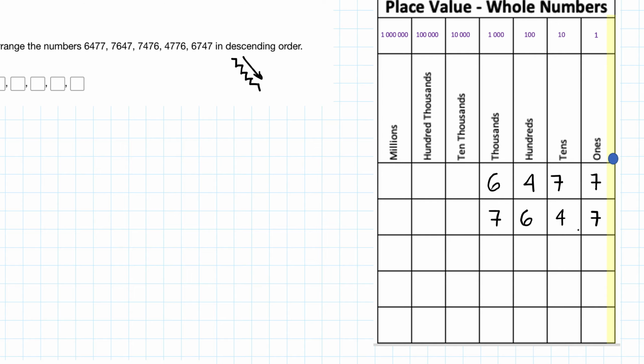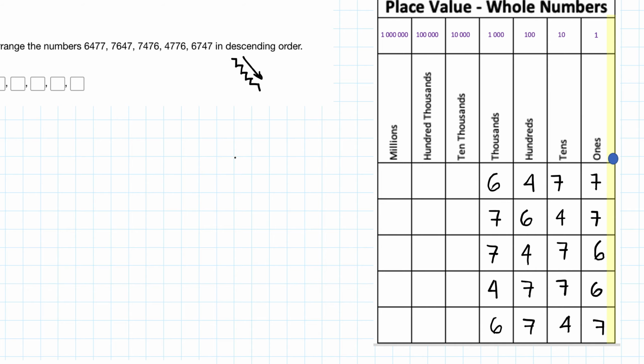And then the next one is 6, 7, 4, 7. And then the next one is 6, 7, 7, 4. And then the next one is 7, 4, 7, 6. So you see, I wrote all these numbers starting by the units, by the ones, and going to the next place value. Wonderful. So in that way, I know that I haven't made any mistakes.